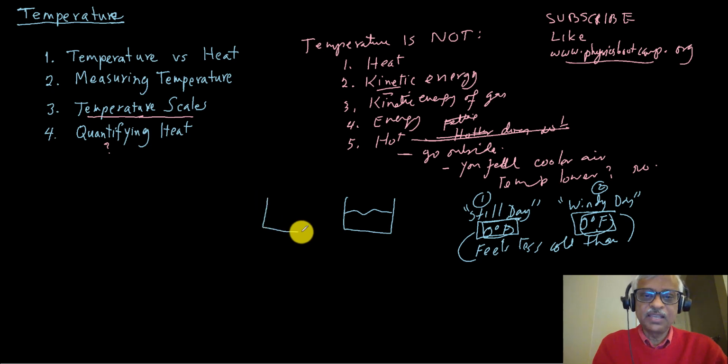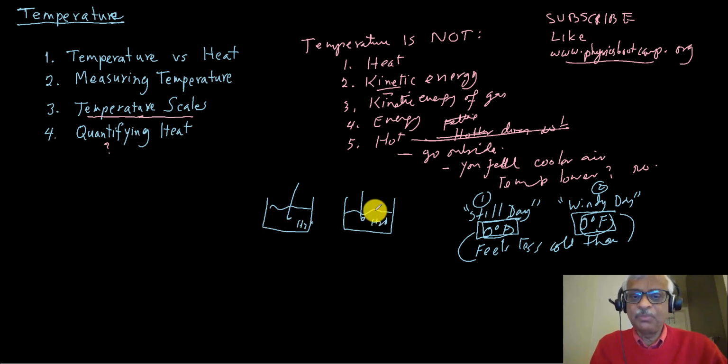But suppose I had the same thing: this is H2O, and you dip your finger in here and see if it's cold, and this is also H2O, and they are at the same temperature. Then they're going to feel more or less the same. If this is at T1 and this is at T2, and T1 is more than T2, then T1 will feel hotter to touch.